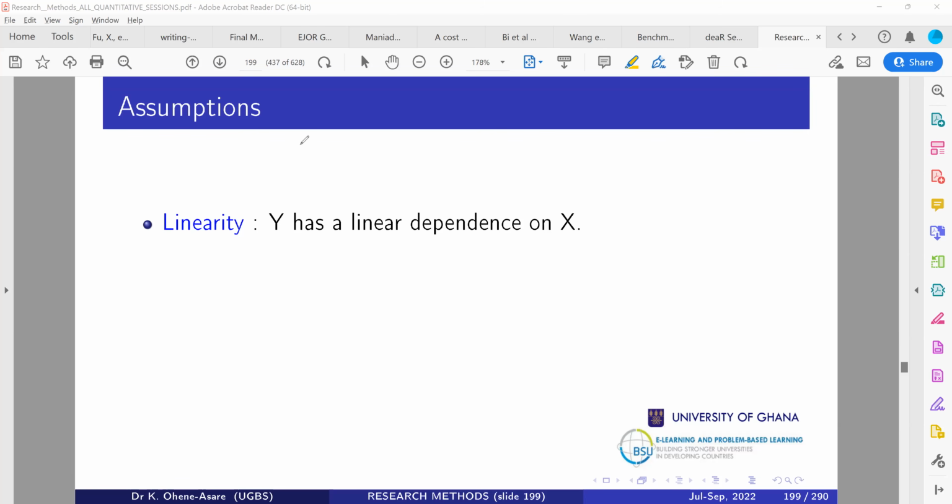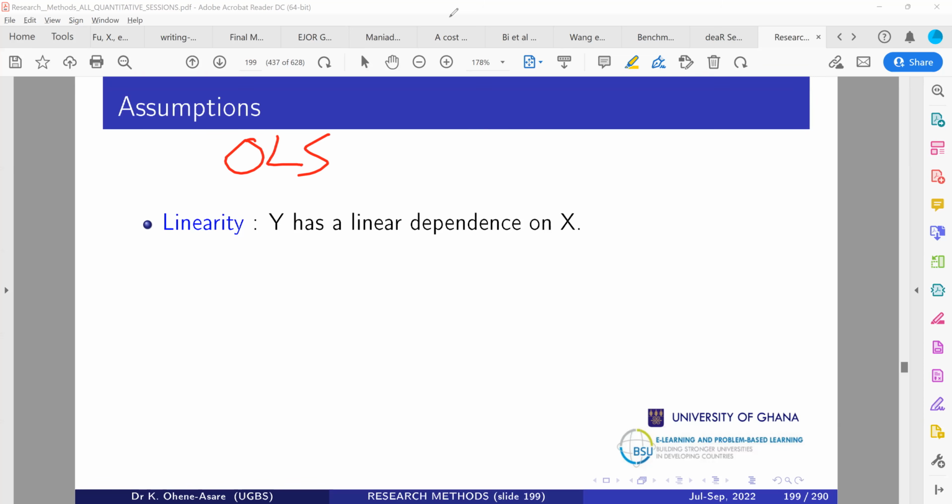Regression is a technique like ANOVA, MANOVA, structural equation modeling, and several others. Now, the regression technique is called ordinary least squares, OLS. For regression to work, one of the assumptions says that there must be linearity.